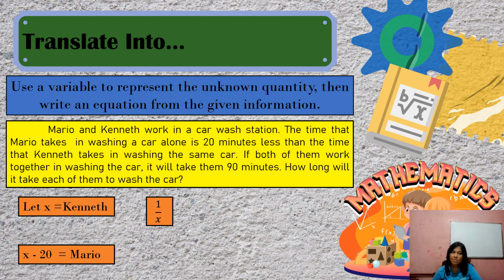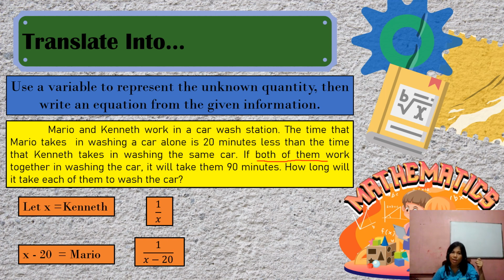Okay, tapos kagaya ng ginawa natin dito kay Kenneth, lagay din natin sa ibaba yung kay Mario. So, ito na yung rate nila. So, di ba Mario is x minus 20. So, it will be 1 over x minus 20. Okay. Pagkatapos, sabi dito, proceed with the problem. Sabi dito is, if both of them, so pag silang dalawa yung nag-work, syempre, kailangan nating i-add yung rate ng bawat isa.